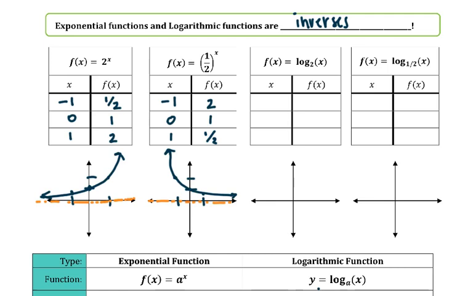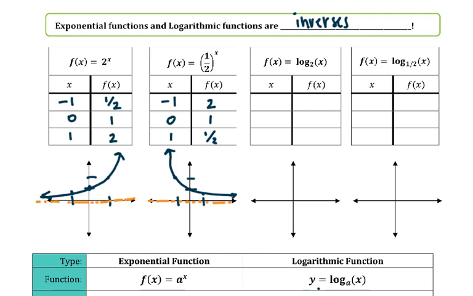So considering what a logarithmic graph looks like, we just said that logarithms are inverses of exponential functions. So that means this log is the inverse of that. And inverses occur when we switch x and y values.